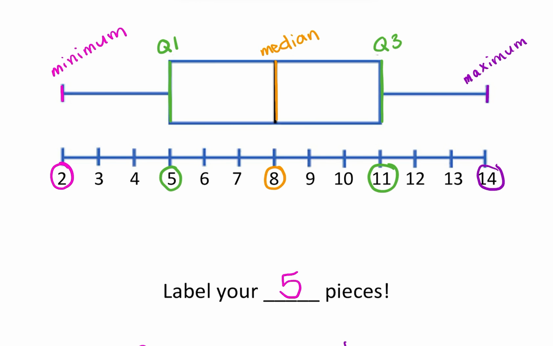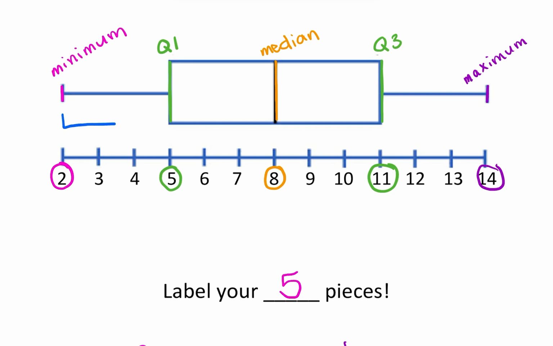The last thing that I want to point out on a box plot is notice that it is broken into 4 pieces. So we have this piece right here, the line. We have this side of the box to Q1 to median. We have this side of the box, and then we also have this piece. Since our whole box plot is split into 4 different sections, they are a percentage.